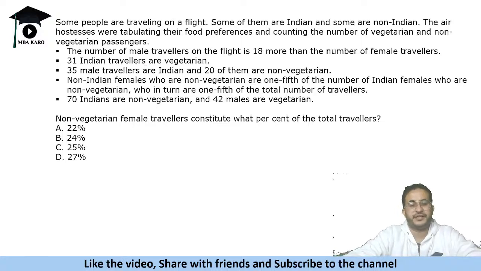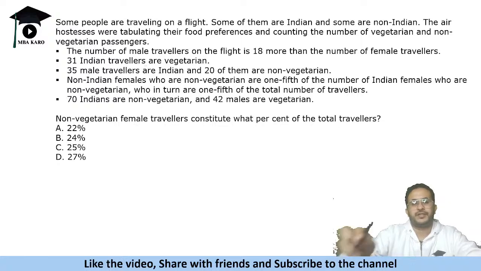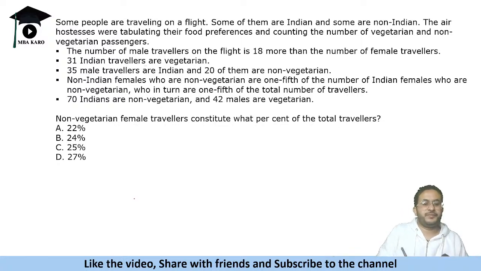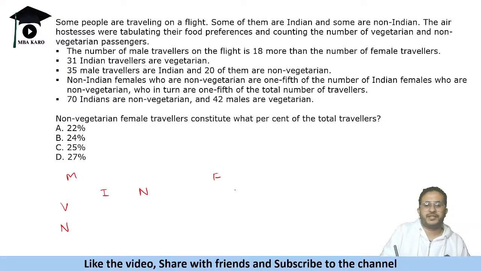Let us see how we go about solving this question. As I said, let's make two tables, one for males and another for females. इसमें आप दो कैटेगरी बना सकते हो, like veg non-veg and Indian and non-Indian. Similarly, in female also make the same categories, veg non-veg, Indian and non-Indian.